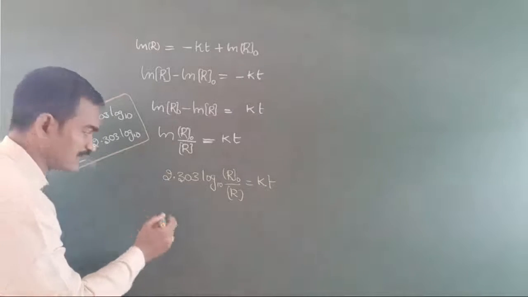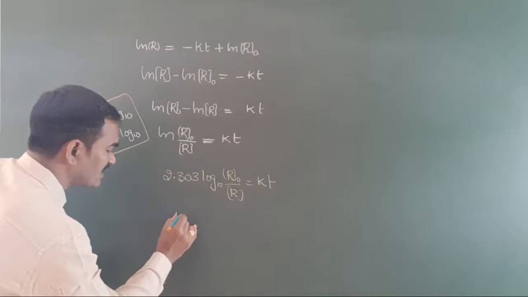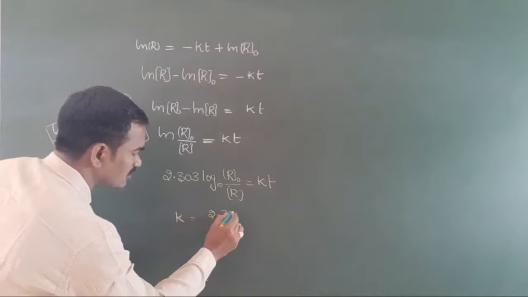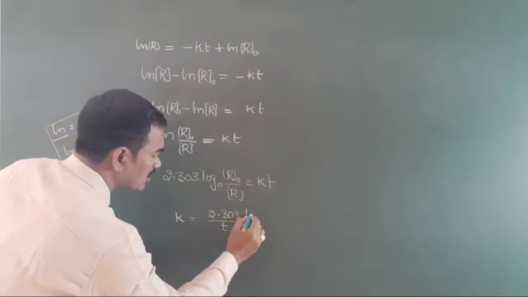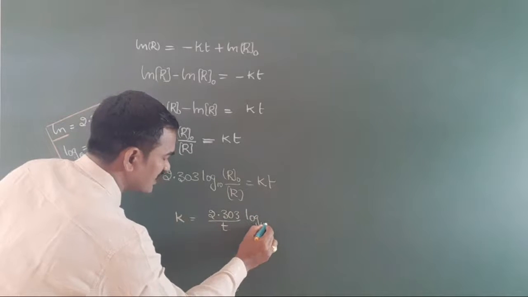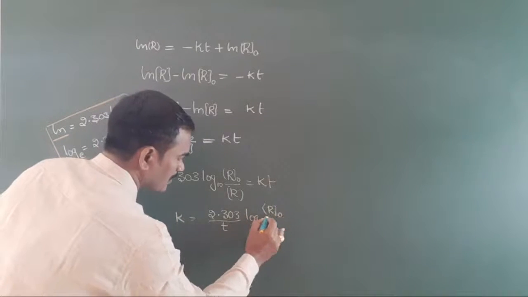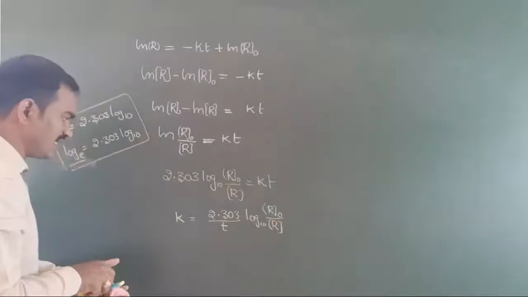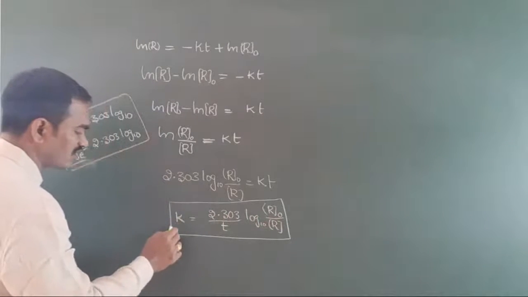Therefore, the final step: k is equal to 2.303 by t log base 10 of R naught by R. This is the final integrated equation for first order kinetics, the first order reaction.